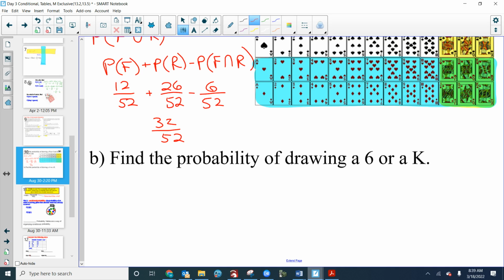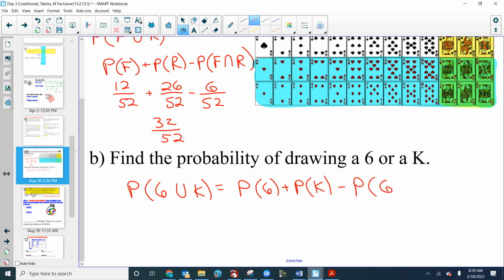Find the probability of drawing a 6 or a king. Probability of a 6 or king. Well, that's the probability of drawing a 6 plus the probability of drawing a king minus the probability that it's a 6 and a king. That would be the overlap. Here we go. What's P of 6?